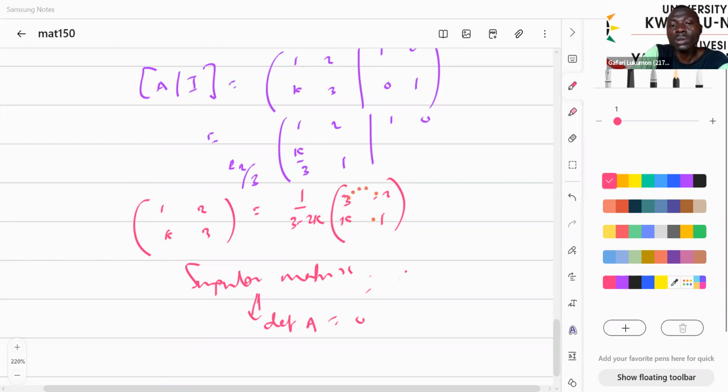So since this matrix also has an inverse, it means the determinant of A is not equal to 0. You understand now?